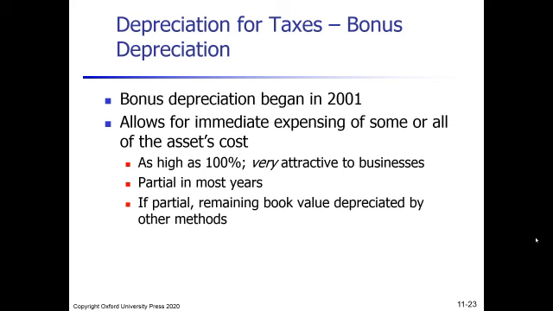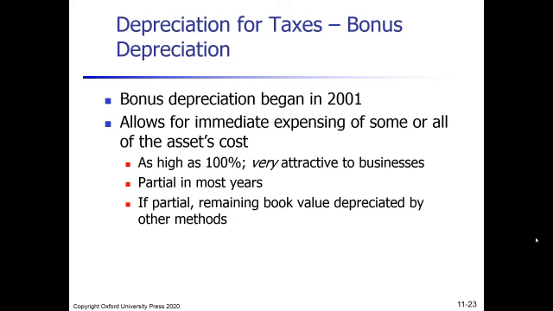We are currently in a period where 100% bonus depreciation is the norm. So this is very advantageous to companies because it allows them to purchase a capital asset and immediately write off the entire value of that asset on their tax return.